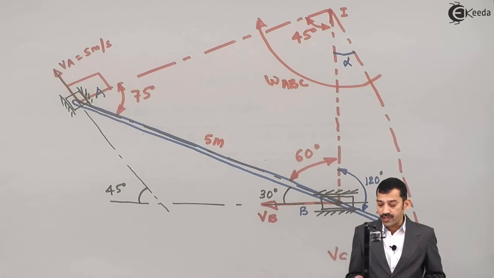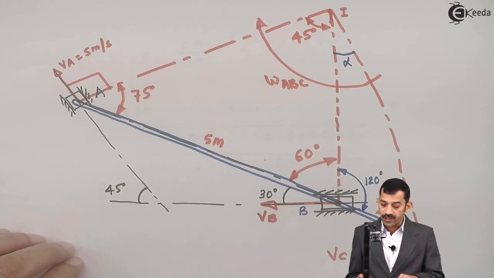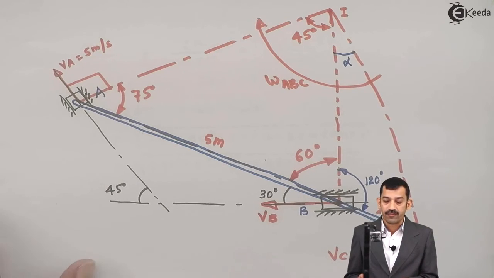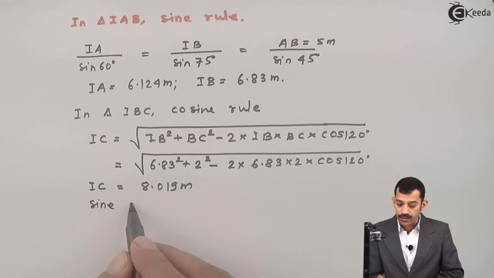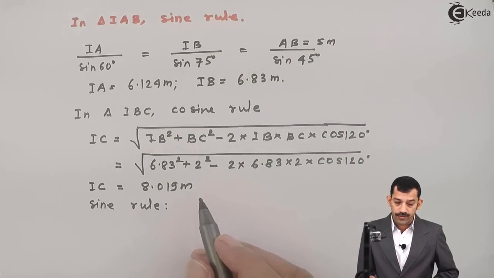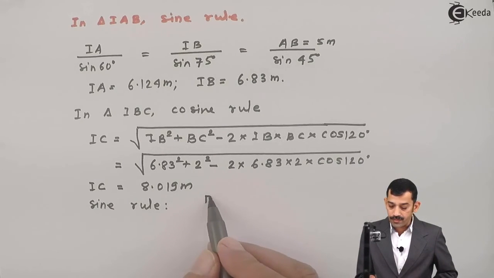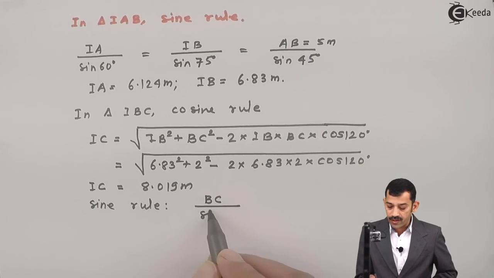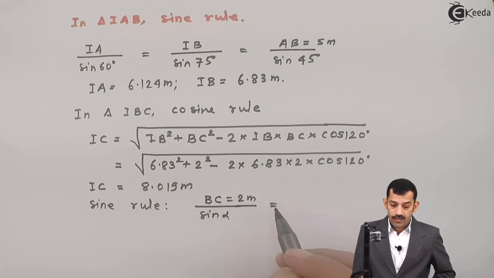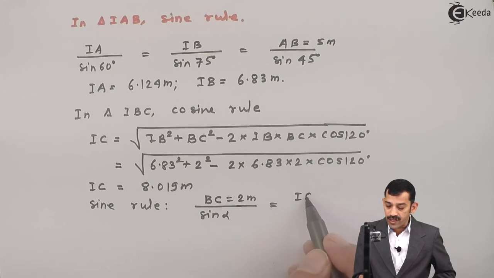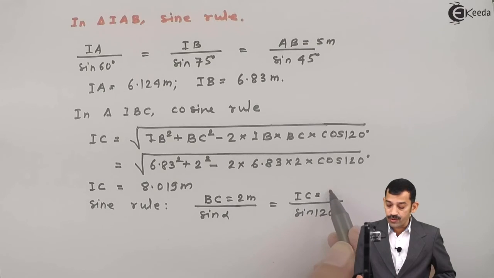The opposite length is BC, so BC upon sine alpha equal to IC upon sine of 120, where BC is 2 meter and IC is 8.019.